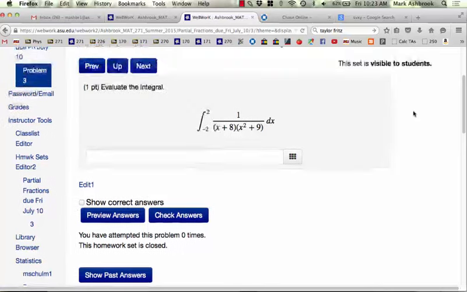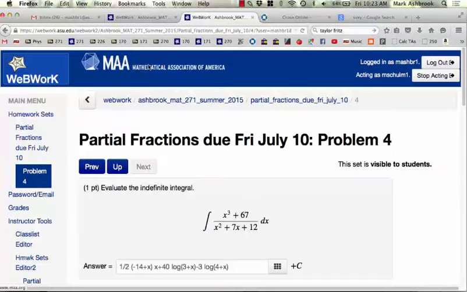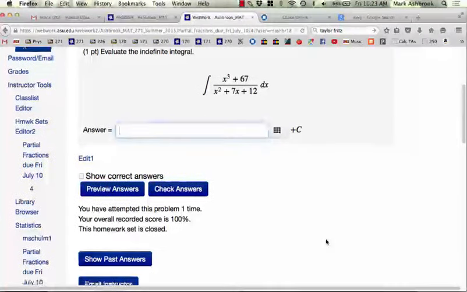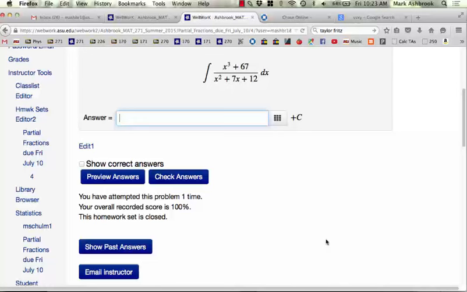Okay, so let's look at this one. What do we do first? We got a long divide, right? Because this is greater power than this.